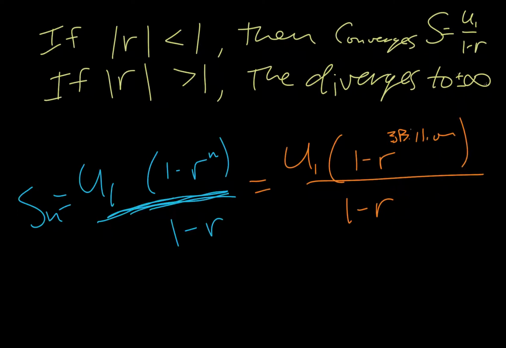So let's take the second case, where r is greater than 1. Let's pick 3 or something. We don't have to choose anything specific, but so we have 3 raised to the 3 billion.